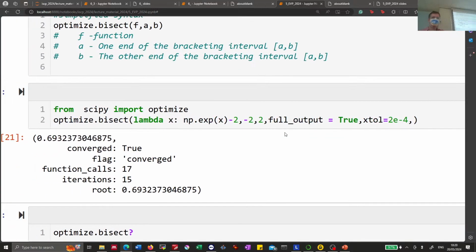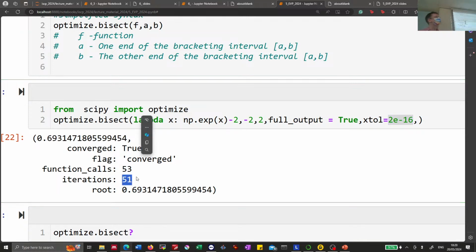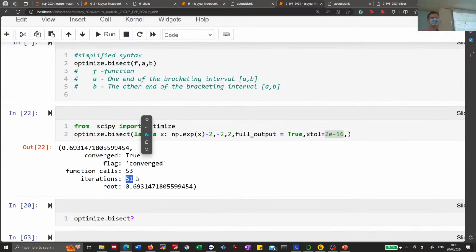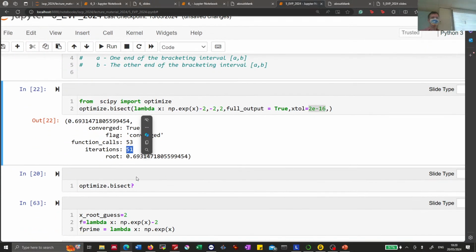So you see less accuracy has less iterations. But if we really push it, does it work? Right? 2 times 10 to the power of minus 16 tolerance, we would have 51 iterations. Okay, so far so good, right?